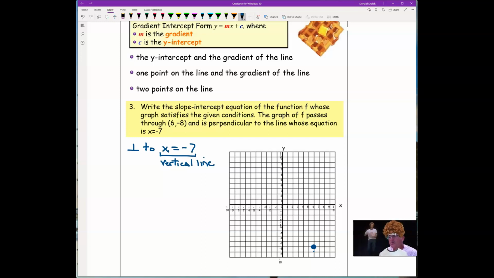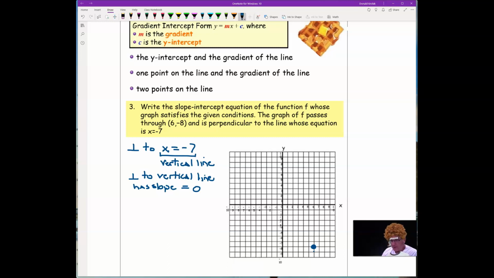So perpendicular to a vertical line is going to have a slope of 0. It's going to be a horizontal line.